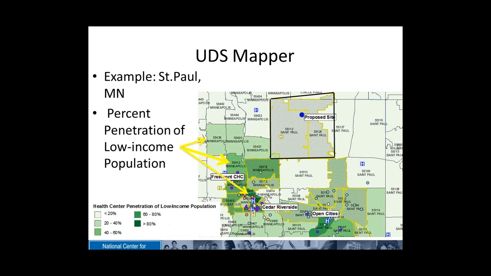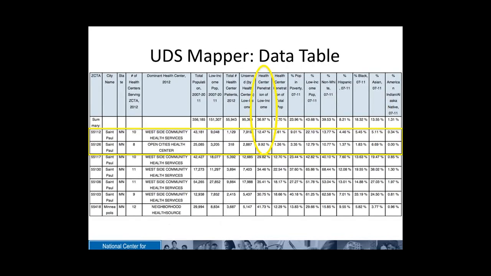So if you're located right here and you are penetrating that population, that low-income population is presenting in your healthcare clinic, you're getting the patient base that you need from that low-income population, that's great. But if you want to expand services to another underserved population, you have to show the need. And so maybe venturing out to some of these areas that have less penetration may be a focal point for you in this SAC competition.